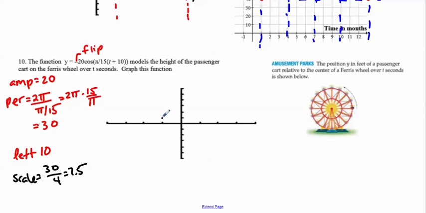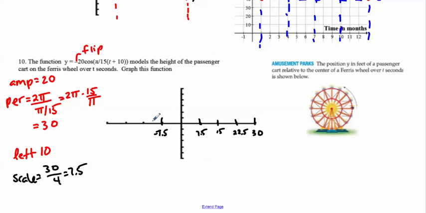That's kind of an awkward scale. We're going to have this tick mark be negative 7.5, 0, positive 7.5, 15, 22.5, and 30. Now we're shifting back 10.